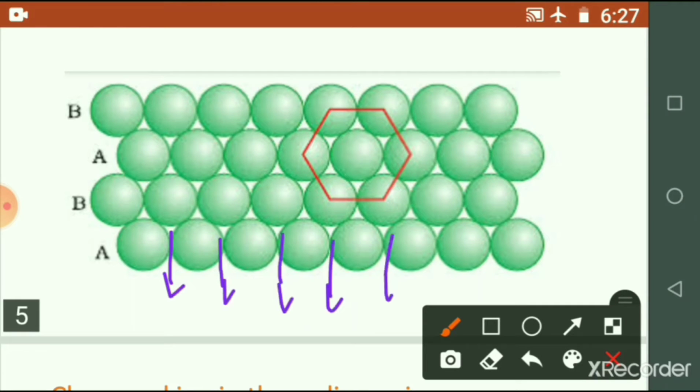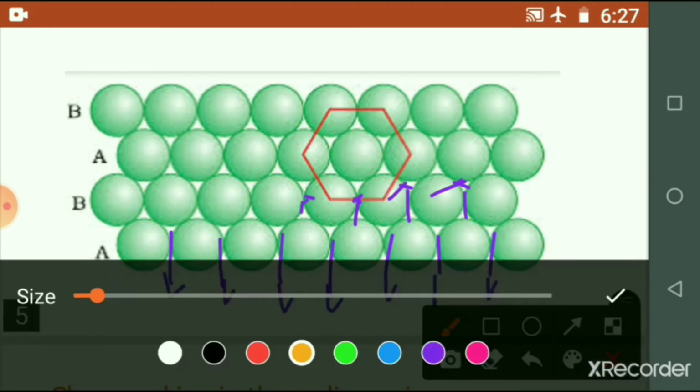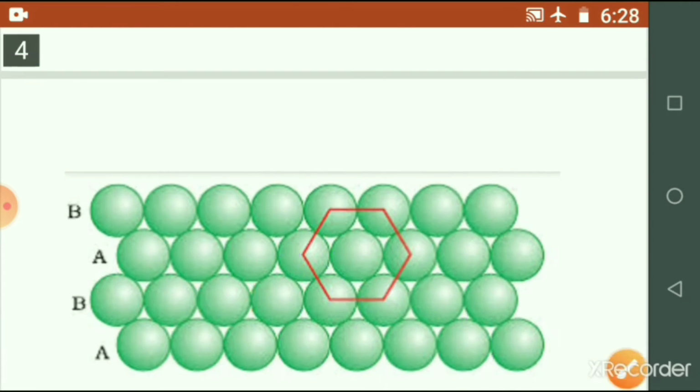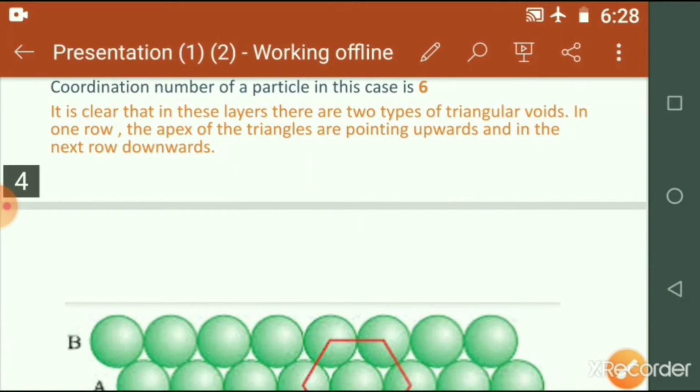In the next layer, the apex of the triangles are pointing upwards. In the layer after that, they are again pointing downwards. The next layer, they are pointing upwards. The triangular spaces are exactly in the opposite directions. It is clear that in these layers there are two types of triangular voids.